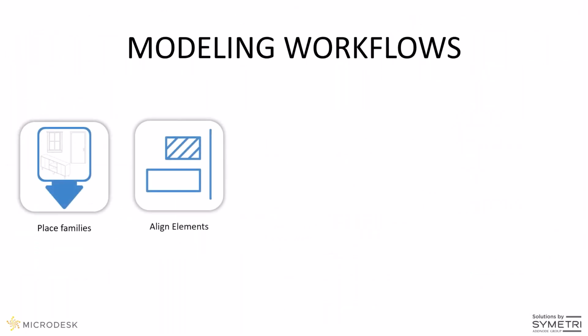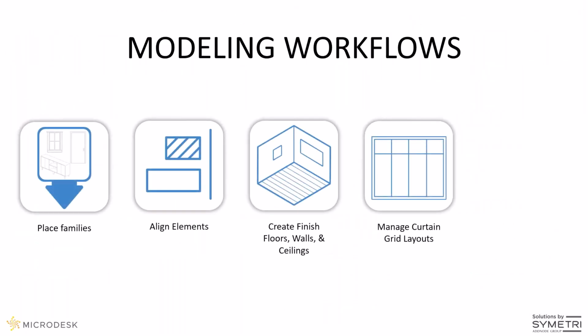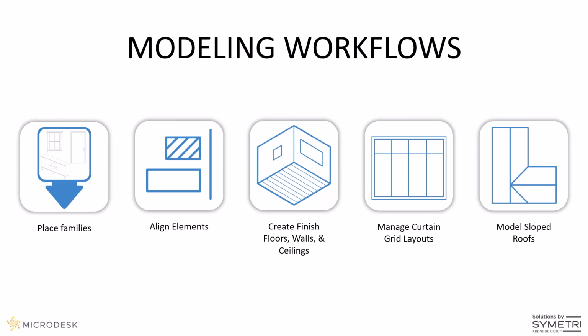So in today's webinar, like I said, we're focused on modeling. We're going to look at 5 different workflows that highlight the different modeling features within both Naviate Architecture and Accelerate. First, we're going to look at placing families from a network or local location, making it really easy to find families that are within your content library, let's say, and place them into your projects.